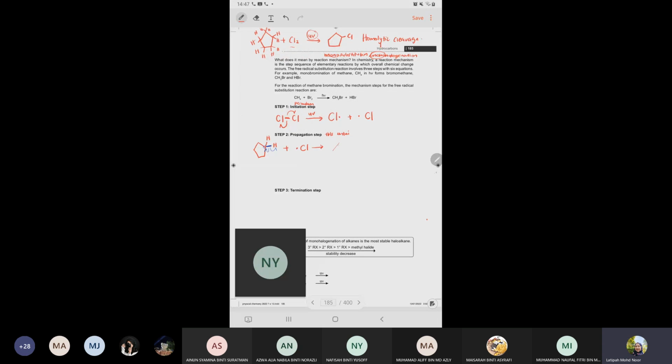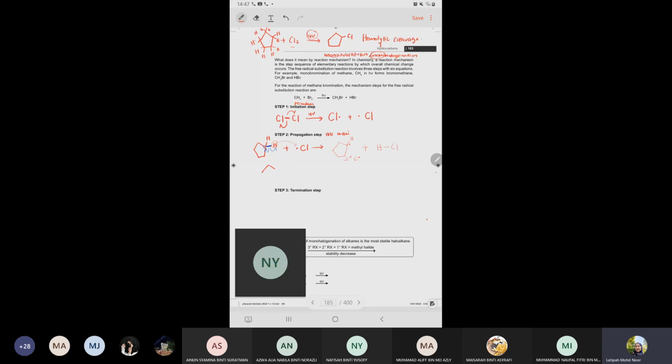We will get a cyclopentane free radical, which is a secondary free radical of carbon, plus HCl. The H will bond with the Cl, so it becomes HCl. So we get the free radical of cyclopentane. Let me make the writing thicker.